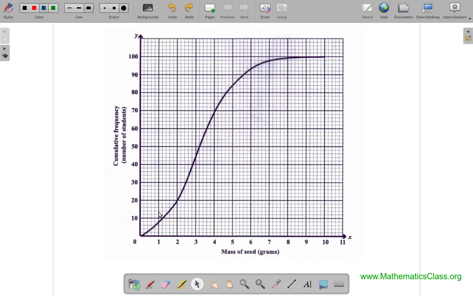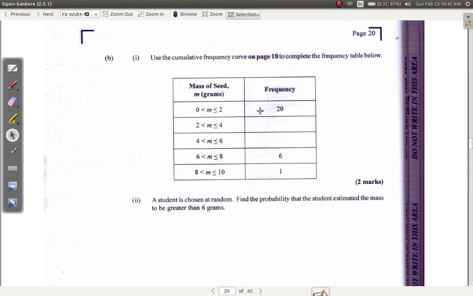Okay, so this is a cumulative frequency curve. We're going to complete the table below. Now it says m, when m is greater than 0 and less than or equal to 2, that means when the mass m is between 0 and 2, you have a frequency of 20.